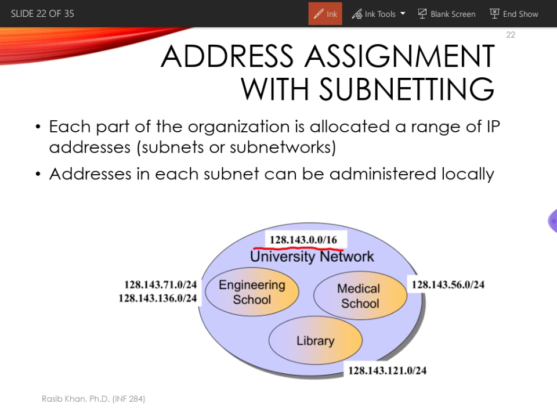Then we can create multiple smaller networks where 128.143 remains the same. However, we can create multiple additional smaller subnets by keeping the network prefix fixed to 128.143 and then creating smaller subnets. And the advantage is that each of the smaller subnets can be managed and administered individually.